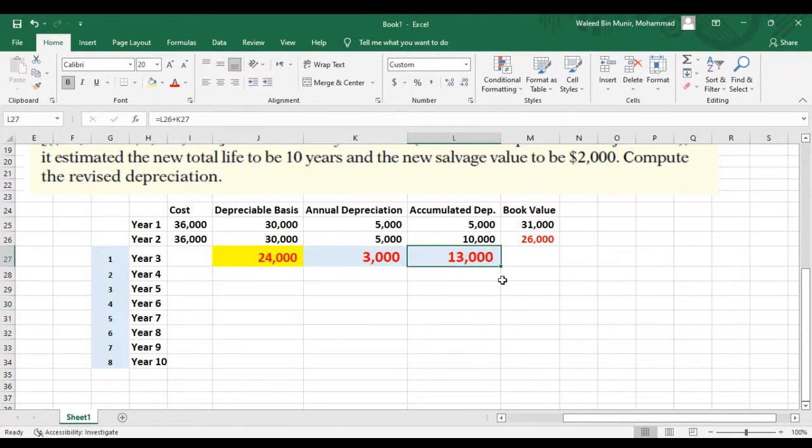Is it clear now? So what will be the cost? Cost stays same, 36,000.